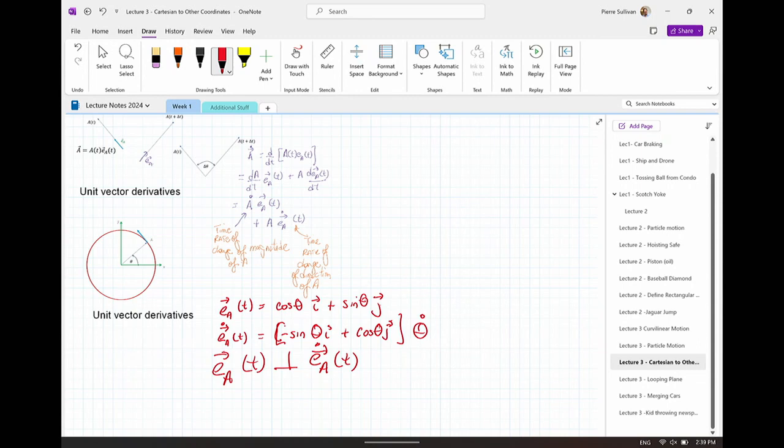So E A is just E sub A here, and I want to break it up into E A x and E A y. And by doing that, using the theta that I have, and recognizing that this is unity, so I would multiply this by 1, that's why it's not there, I end up with E A as cos theta i and sine theta j.